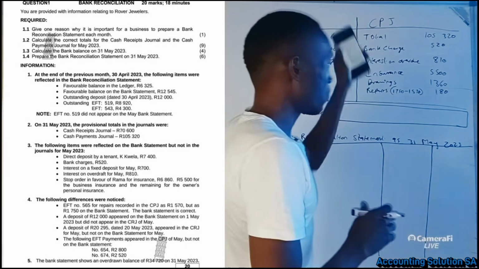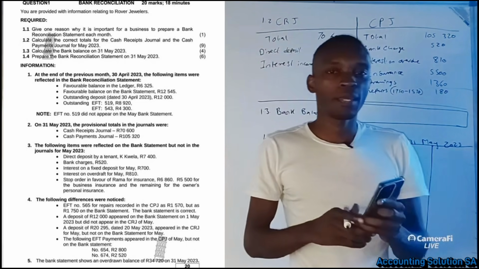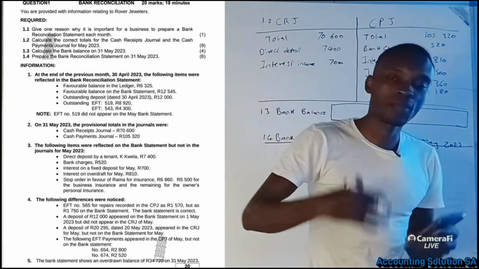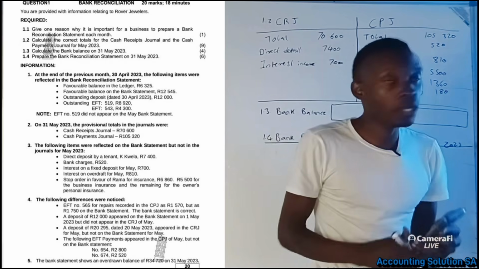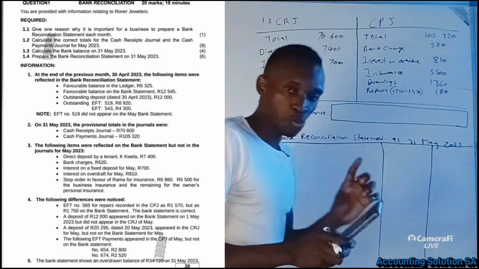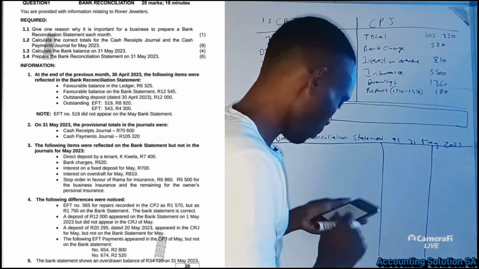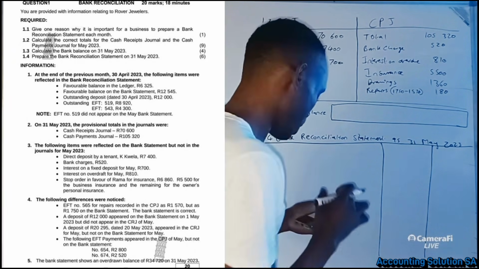There is no action that we have to take. If it were a duplication, when we prepare the bank reconciliation statement for the next month, they would do a follow-up and give us a notice. But in this case, there is nothing that we are going to do. Otherwise we are going to do a duplication.